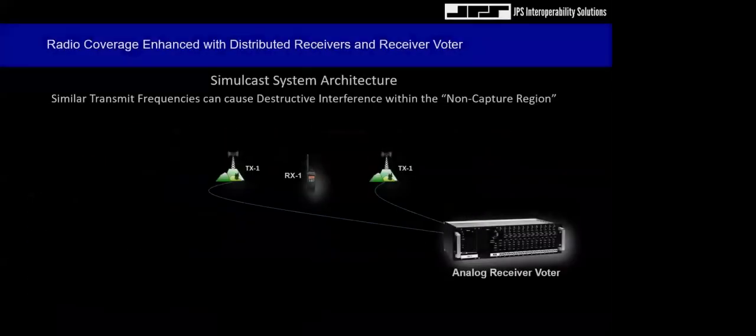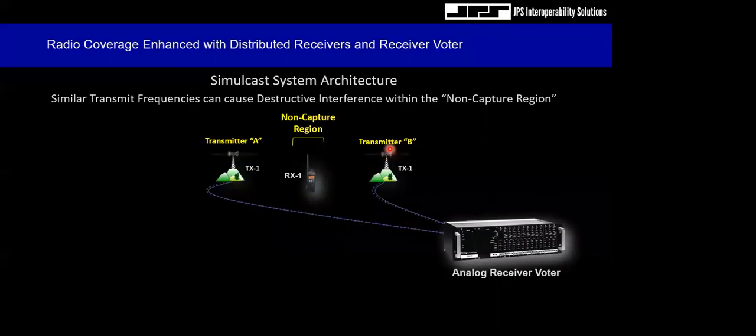So the reason we need to time that is some of my description of my car driving over a mountain pass. Once I reach the mountain pass, I might be receiving radio station communications, music on one side, talk radio on the other, at the top of my pass, and that's because I am in what we call the non-capture region.